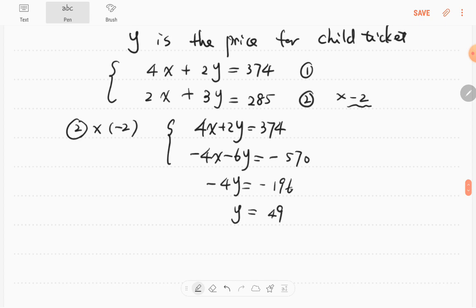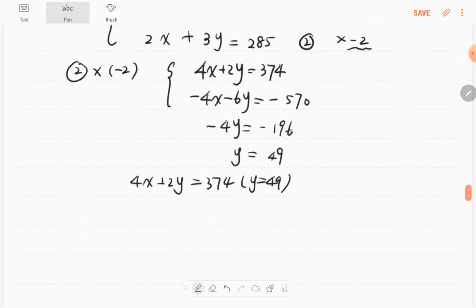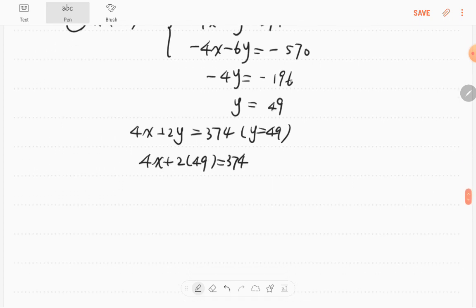We could go back to the equation. But this time we already know the y value. We will use 49 to replace y. Then we could solve for x.